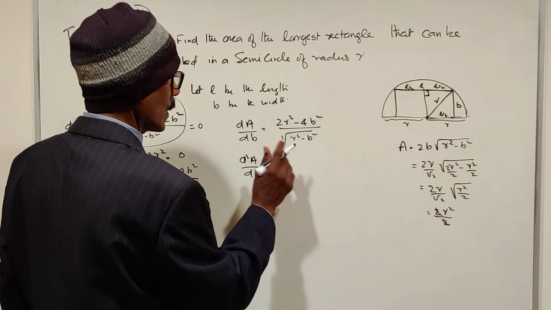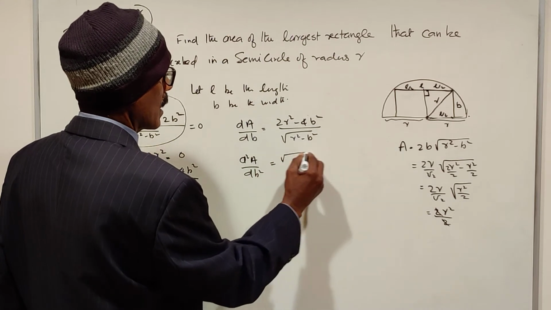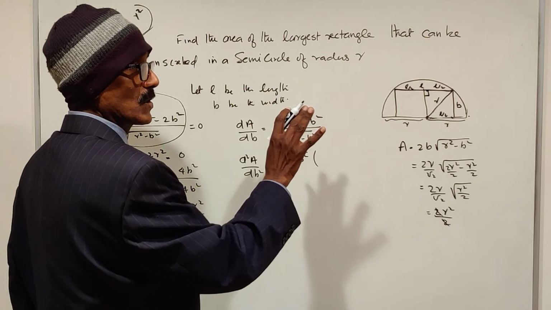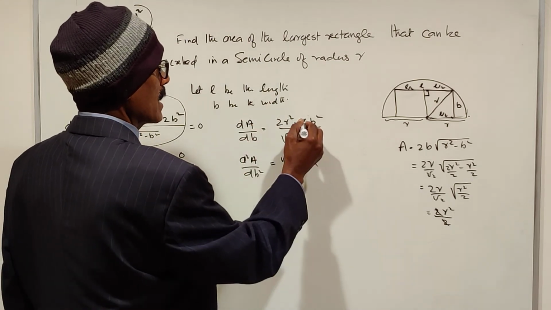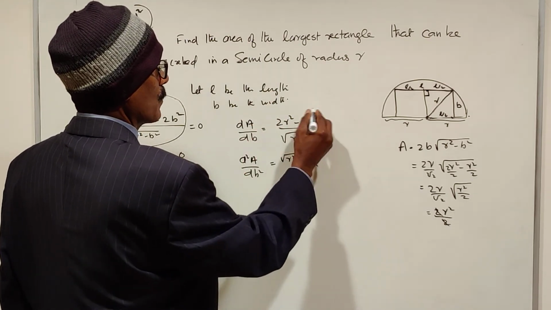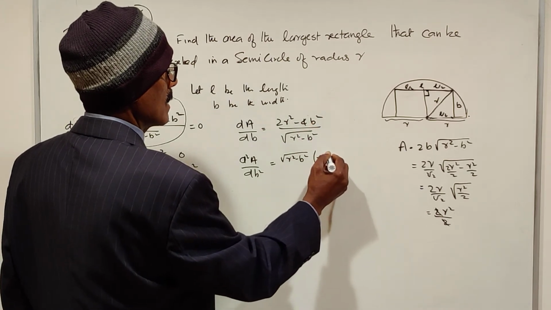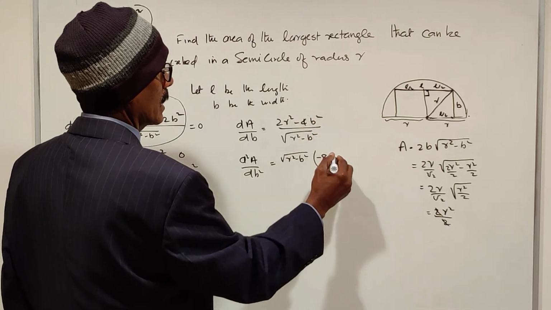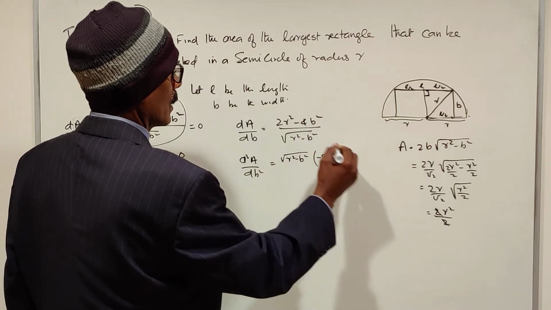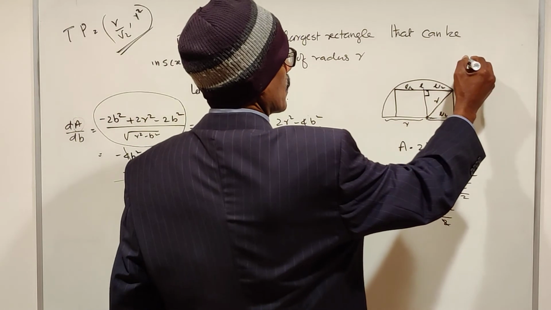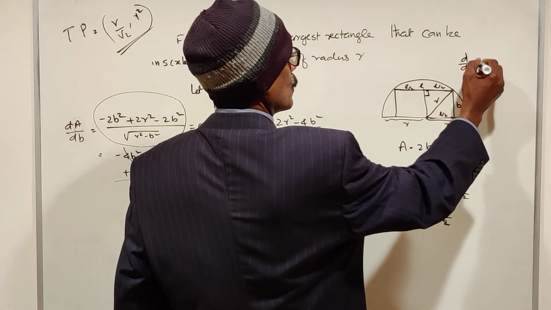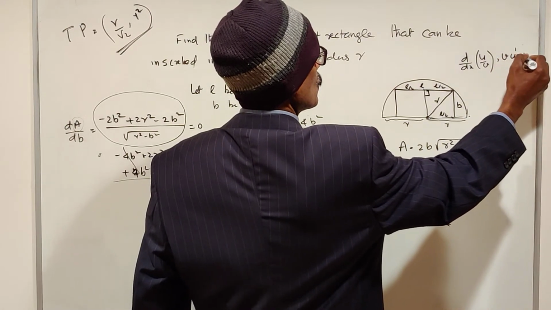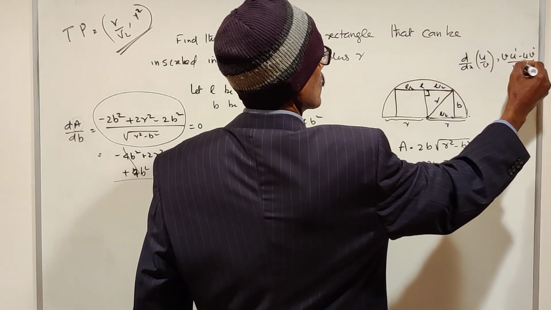Just we want to show it's a positive number. Okay, sorry, negative number. So square root of r² − b² into 2, derivative of 2r² is 0 because r is a constant, minus 4b², derivative is minus 8b. Minus numerator derivative. This is the formula: derivative of u by v is v into derivative of u minus u into derivative of v, by v². That is the formula.